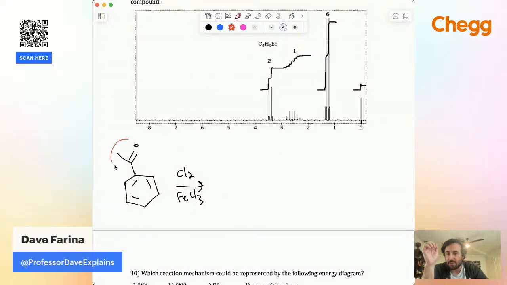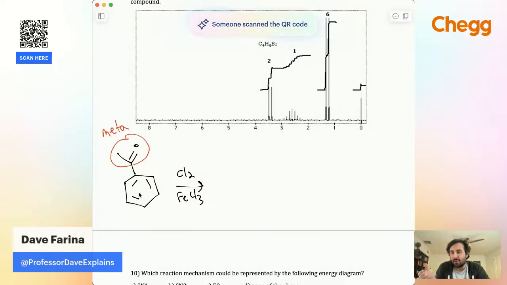So here we have this carbonyl containing functional group. This is going to be a meta director. It is a meta director because it is electron withdrawing, by resonance. This pi electron density can get pulled up into that carbonyl by resonance.